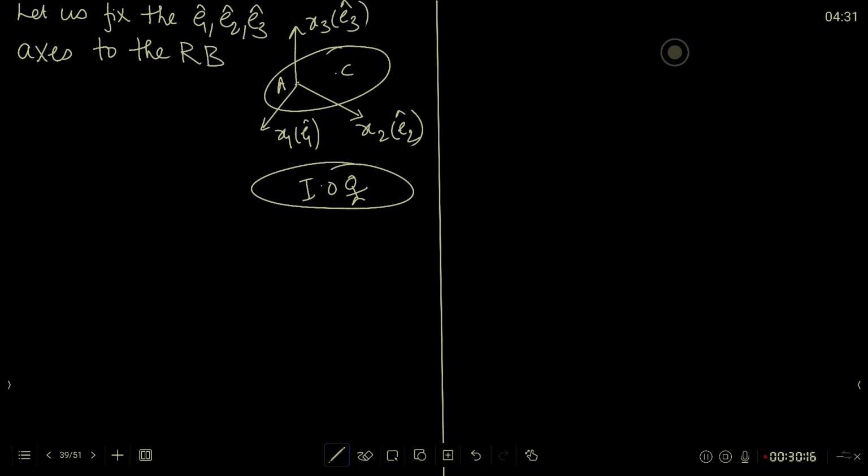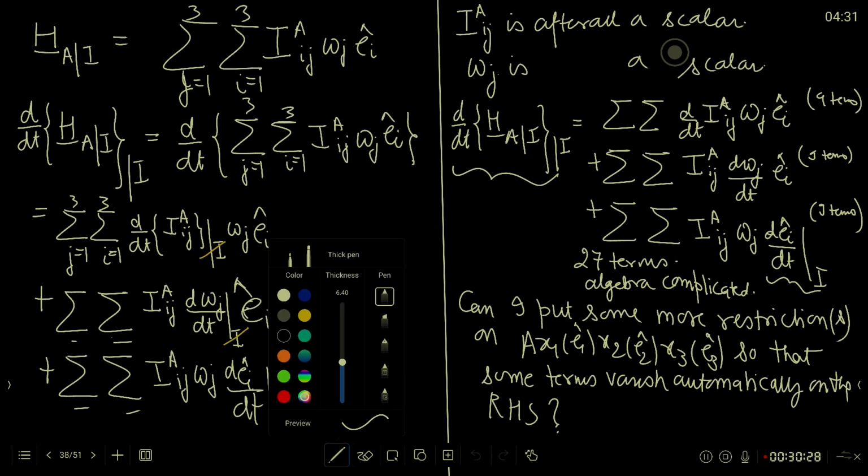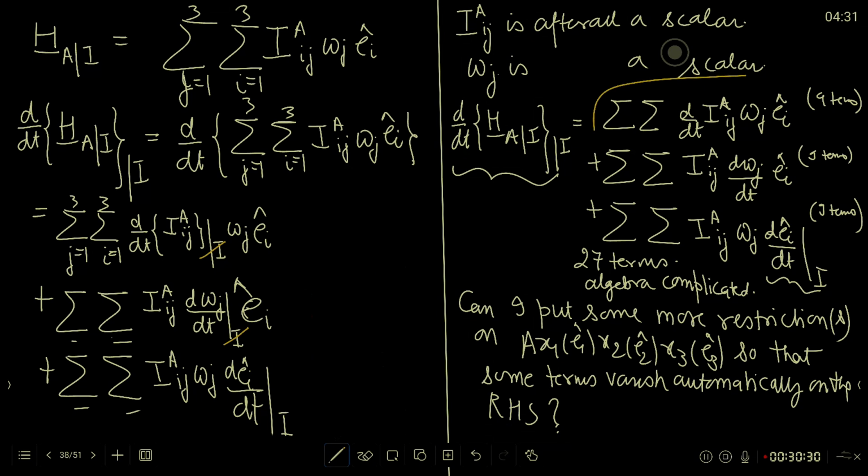Let us fix the e1, e2, e3 axes to the RB. And once you do that, you will realize that this term here, which involves the rate of change of i_i·i_j, right?